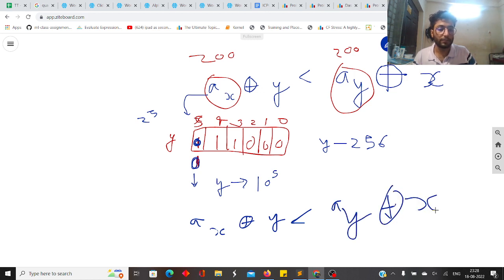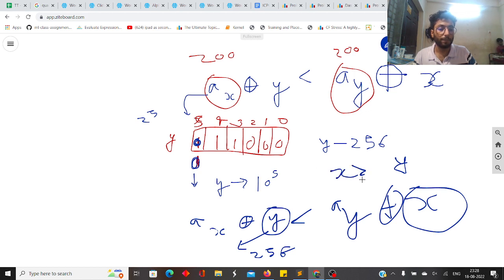Since the value of my y can at most be reduced by 256, I need to find a corresponding x such that x has to be greater than or equal to y minus 256, because these array elements cannot change it more than that.